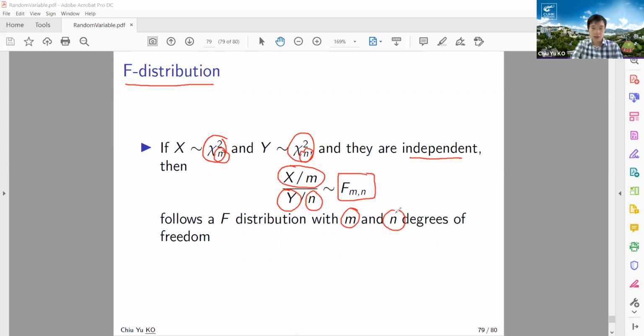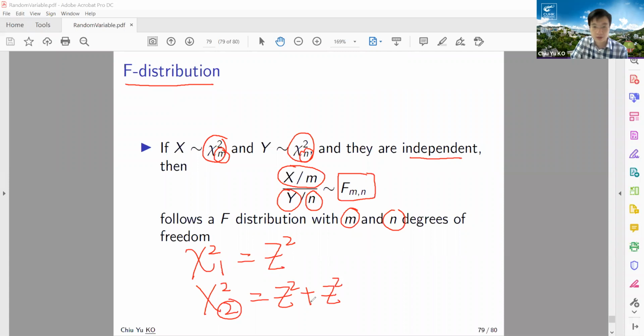Going back to the chi-square, degree of freedom 1 is just one z squared. Chi-square with degree of freedom 2 will be two z's squared added together. So you can imagine that's m standard normals squared added together, over n standard normals squared added together. The ratio of them will be F with m and n. F has two parameters, m and n, which later we call degrees of freedom.